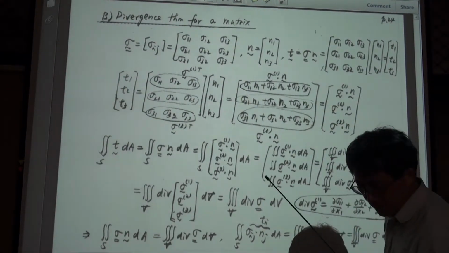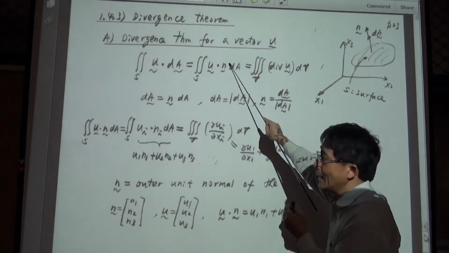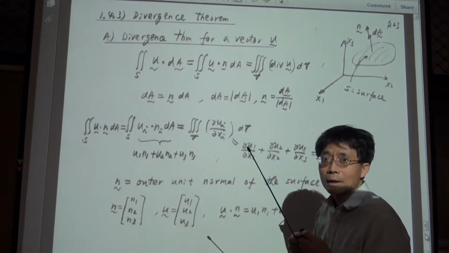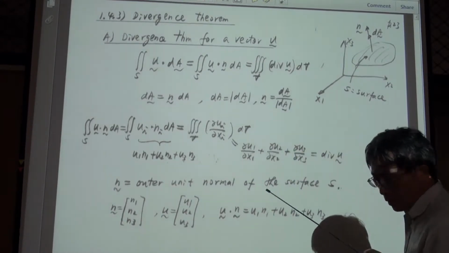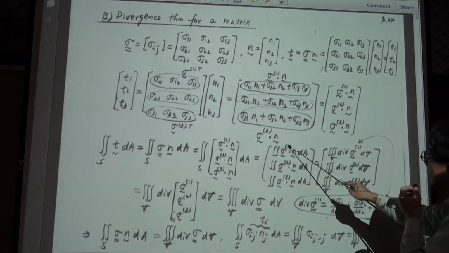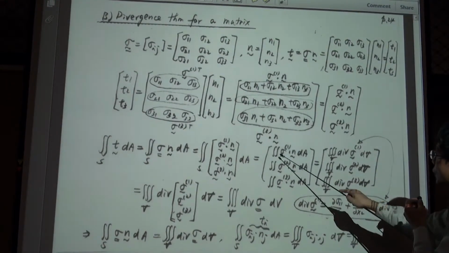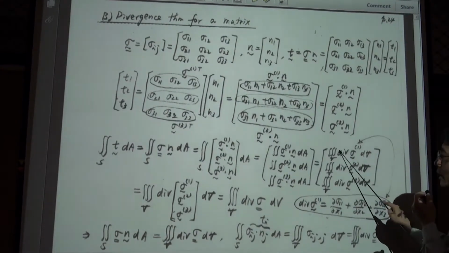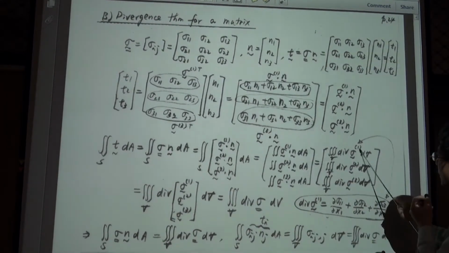u vector dot n dA, what happened? It equals the divergence of u and the volume integral. Okay, so this surface integral of u dot n dA turns into the volume integral of the divergence of the u vector, if this is the u vector, right?